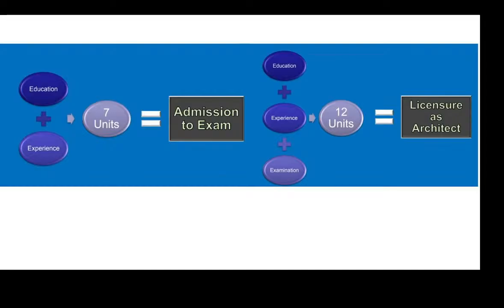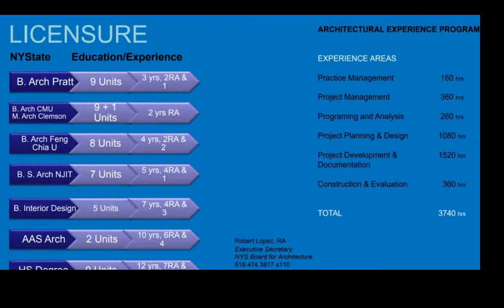But you can now, how many of you are in third year or beyond? Okay, so you could all start taking licensing. New York State will allow you to start counting your experience from the moment you get out of high school if you're working in the legal practice of architecture. So they have a series of points that will get you to becoming a licensed architect.